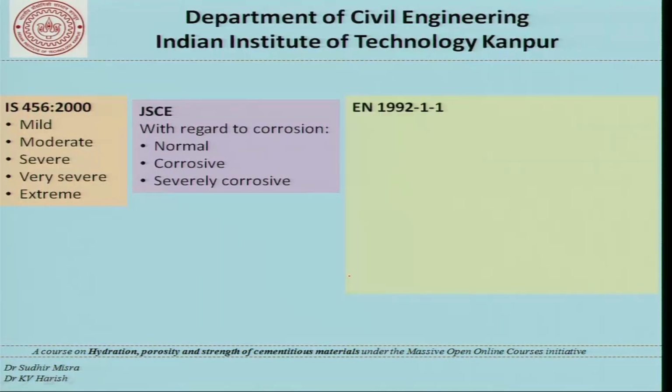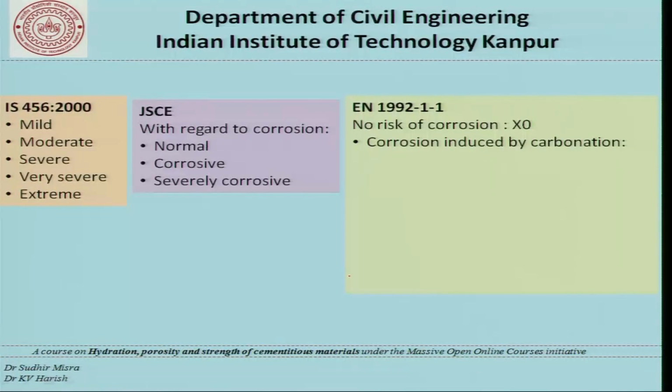Similarly, if we look at EN 1992, it talks of environments where there is no risk of corrosion, and that is called X0. There is another environment where we could talk of structures which are susceptible to corrosion induced by carbonation. Carbonation, we have talked earlier, is penetration of carbon dioxide into the concrete, and here the classification is XC1, XC2, XC3 and XC4.